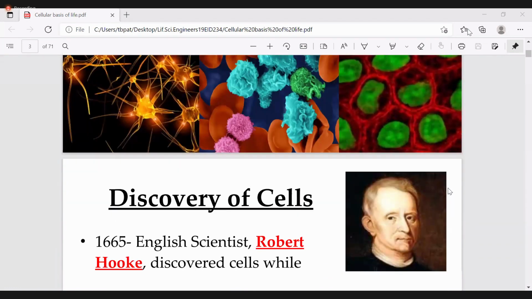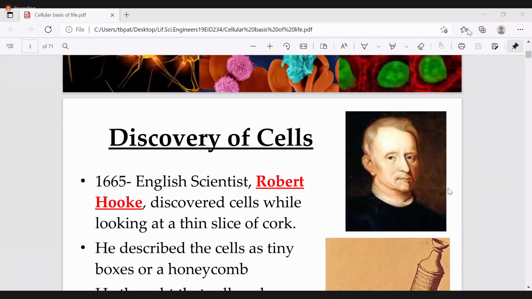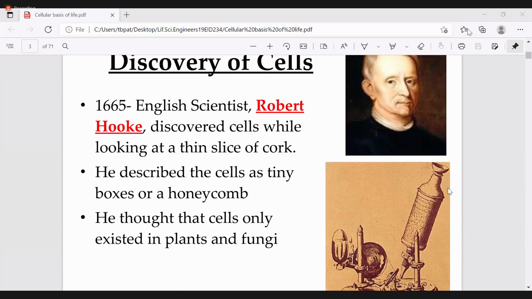The discovery of the cell was by the great scientist Robert Hooke. In the introduction class, we already identified these great personalities. He discovered the cell while looking at a thin slice of cork. He discovered the cell as tiny boxes.